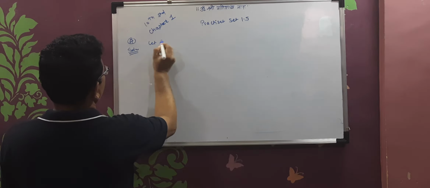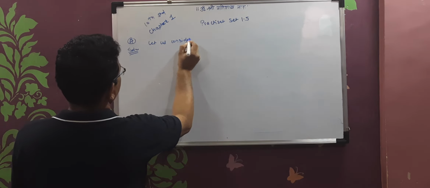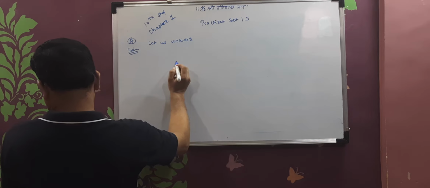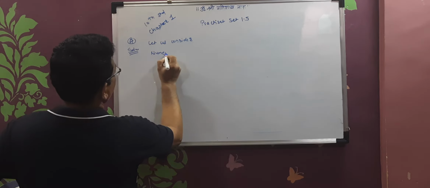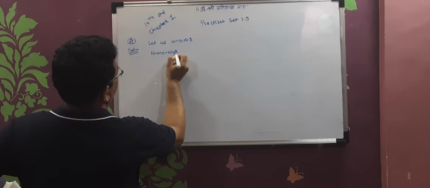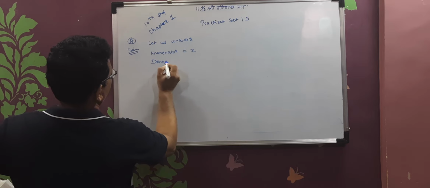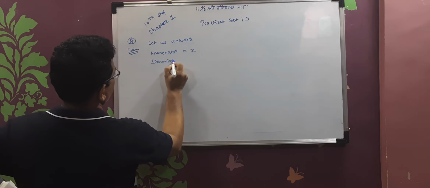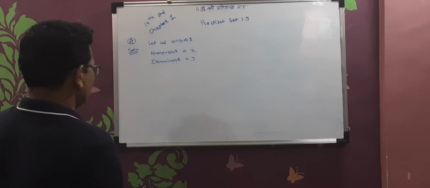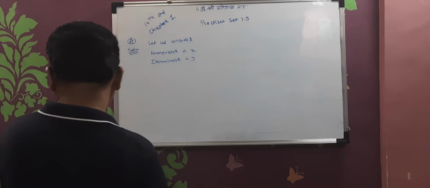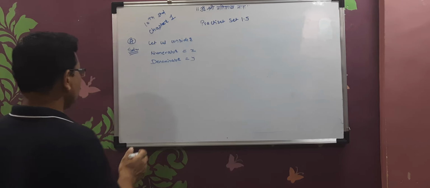Let us consider numerator is equal to x and denominator is equal to y. Now what is the first condition? The denominator of a fraction is 4 more than twice its numerator.